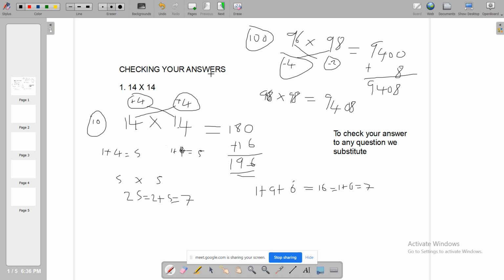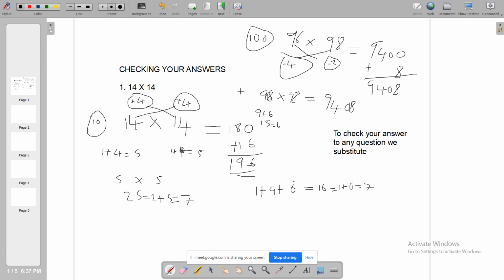To get a substitute for 96 is what? 9 plus 6, which will give us 15. And then if we find a substitute for 15, it will be 6, right?